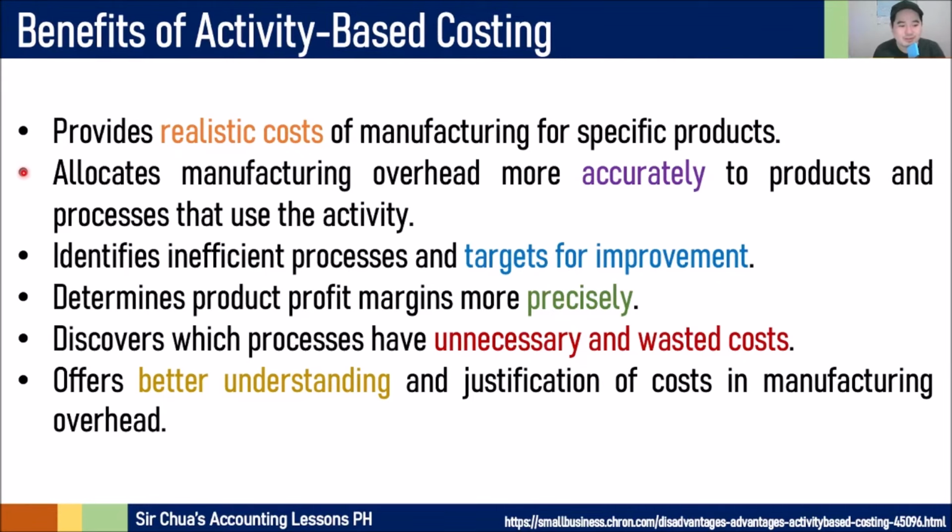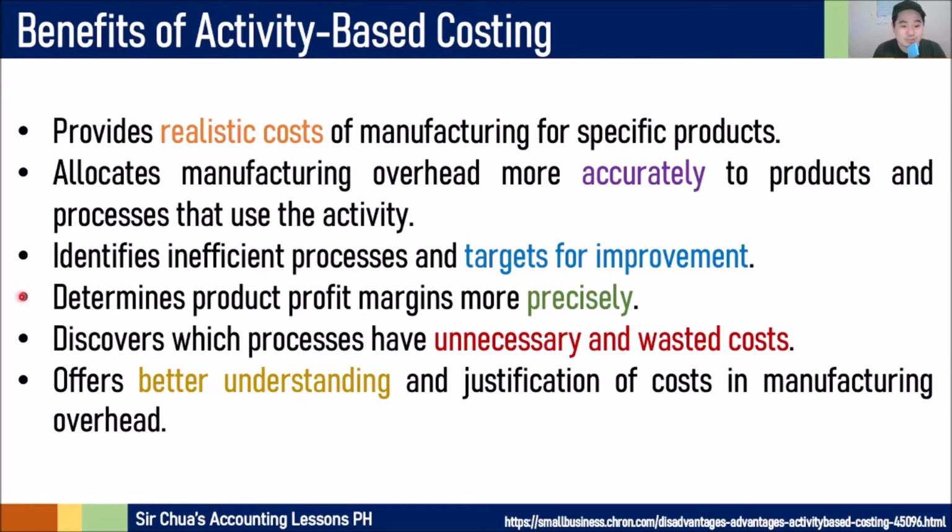Okay? To products and processes that use the activity. It also identifies inefficient processes and targets for improvement. Parang familiar, 'di ba? Ina-identify daw po yung mga processes na inefficient, mga walang masyadong ambag. Activity-based management po 'yon. So, nata-target mo rin po kung ano yung dapat i-improve sa production process.